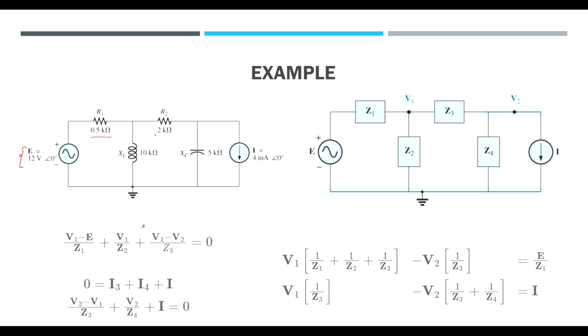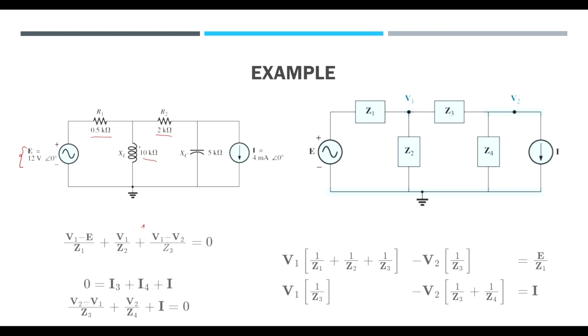Resistor 2 has 2 kilo ohms. It is a ladder network because there's an inductor connecting the top part of the branch with ground. We don't know the value of the inductor, but we know that the reactance due to the inductor is 10 kilo ohms.